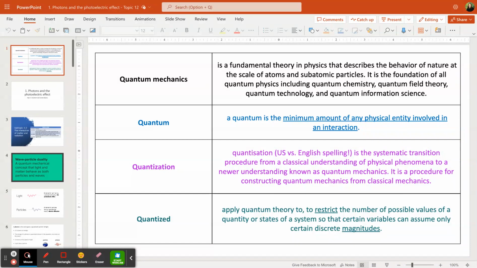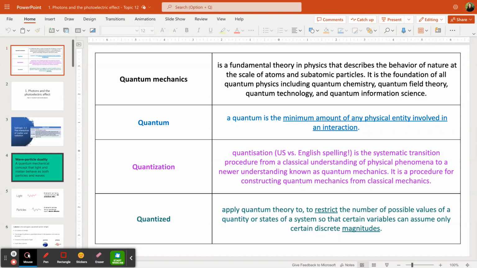So before we start lesson one, which is called Photons and the photoelectric effect, I just want to refer to the word quantum and make sure that you're understanding what I mean by that word. Quantum mechanics is the general area of physics that we're looking at for this topic. It's a fundamental theory in physics that describes the behavior of nature at the scale of atoms and subatomic particles.